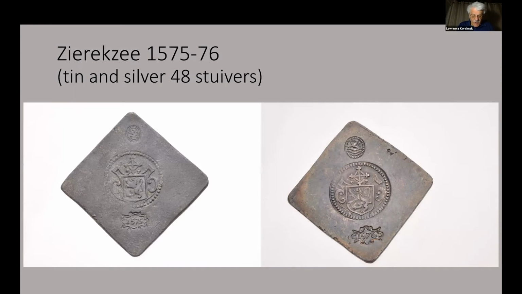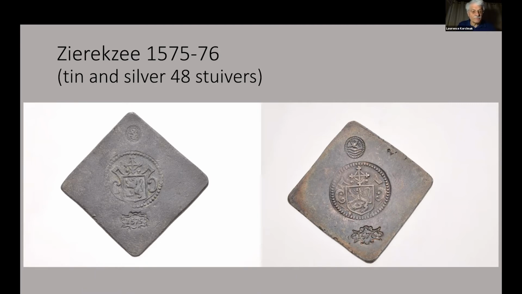So a year later, Don Louis de Requesens died while besieging Zierikzee. And these are Zierikzee pieces, a tin 48 stiver and a silver one. It's an interesting siege, and the coinage is interesting, and I consider it quite a bit rarer than some of the other ones.